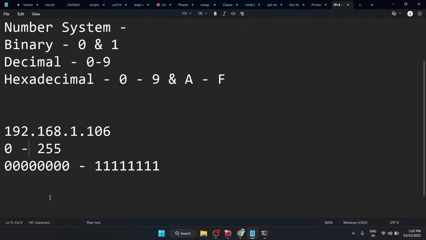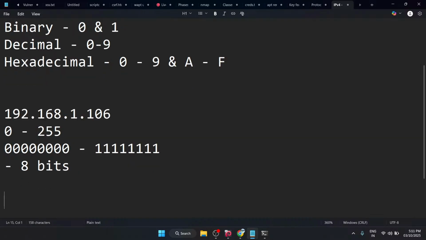It keeps changing, making different combinations and ultimately making multiple decimal numbers. Because each octet ranges from 0 to 255, and in binary that is 8 times 0 to 8 times 1, that's why each octet is 8 bits.